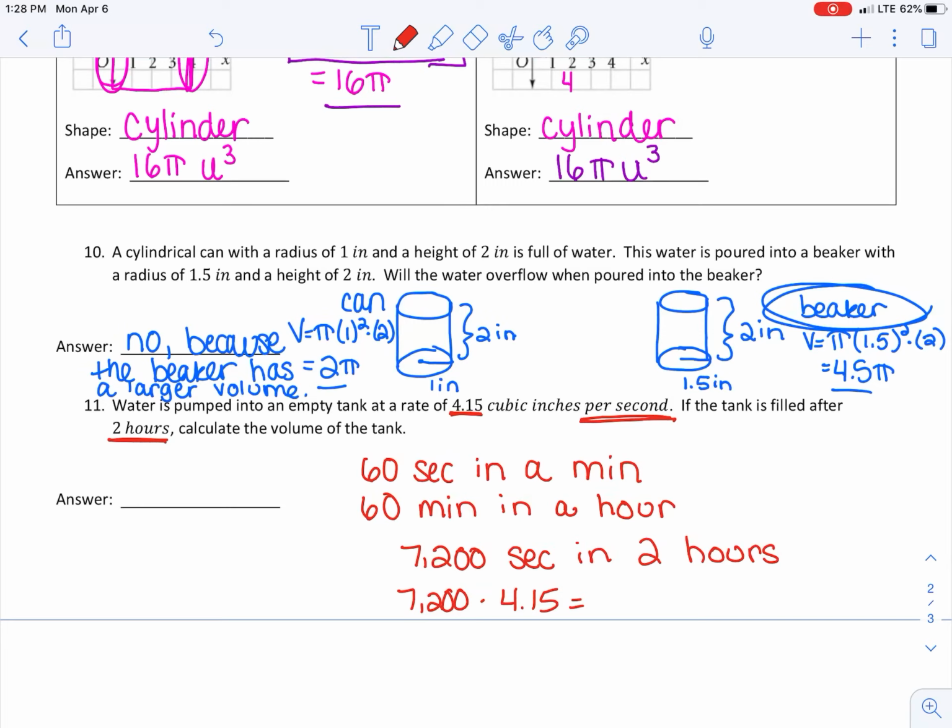So we take that times 4.15 and we get 29,880. So that means that the volume of the cylinder, or the empty tank, is 29,880 inches cubed.